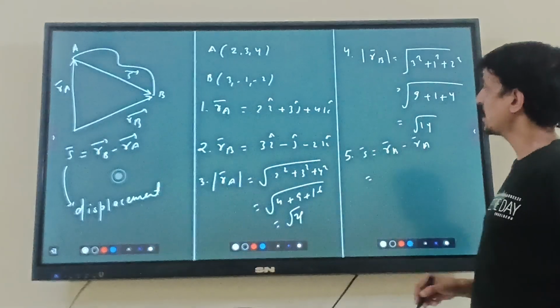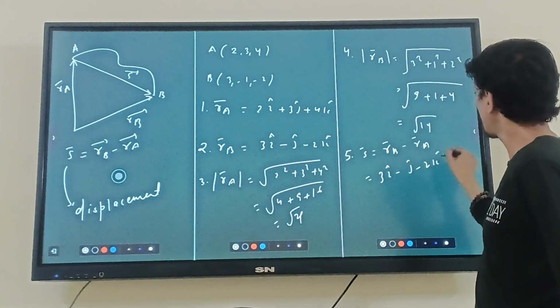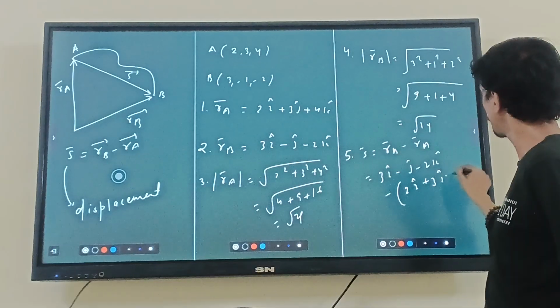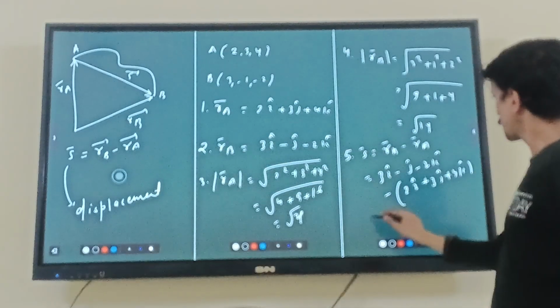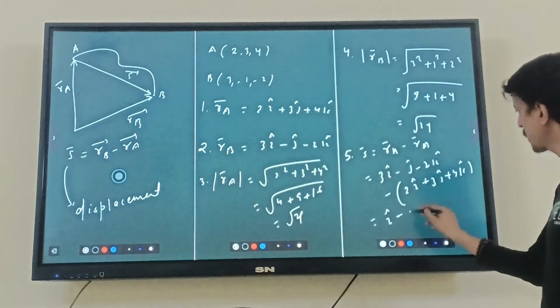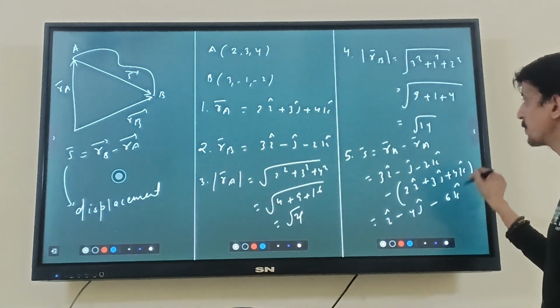So here vector RB is your 3i minus j minus 2k minus of RA, the position vector 2i plus 3j plus 4k. So if you solve this we have 3i minus 2i, minus j minus 3j, minus 2k minus 4k, that is i minus 4j minus 6k.